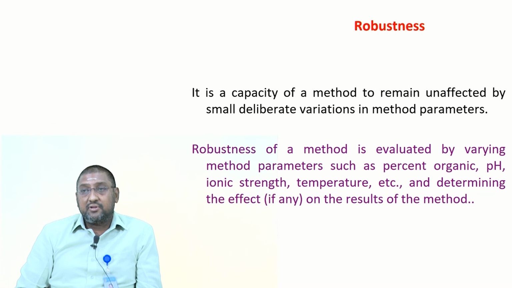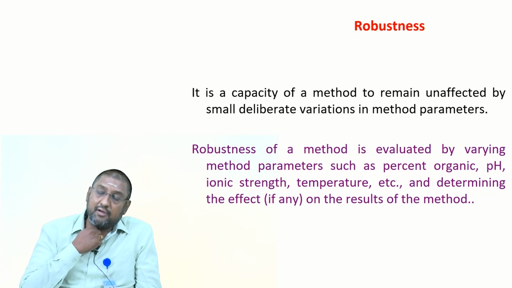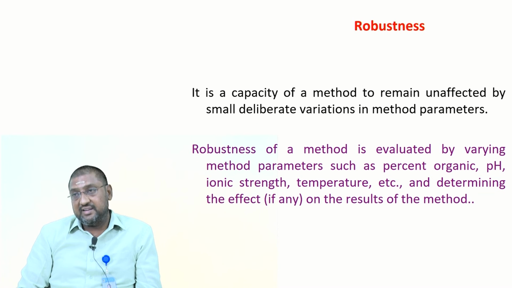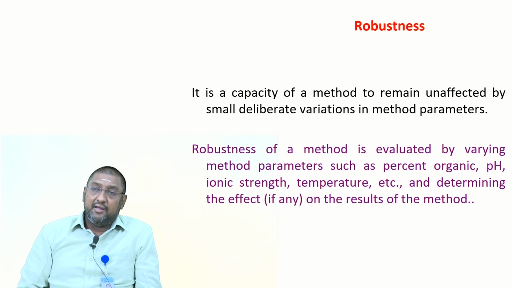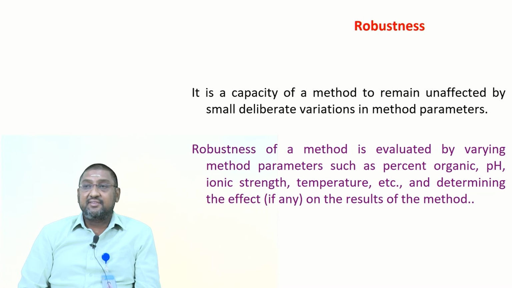So, robustness, what is robustness? Suppose when you prepare the mobile phase, the next time you prepare it there will be a slight change in the pH, and that slight change in the pH should not disturb your experiment. So, next day if you prepare the mobile phase with a slight change in the pH, percentage organic, ionic strength or temperature and determine the effect, it should not affect the result of the method.